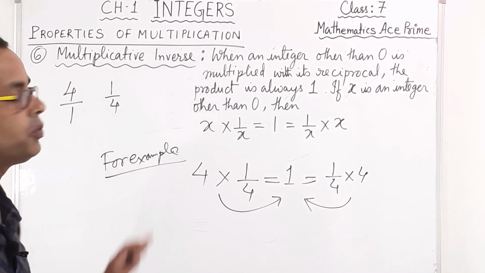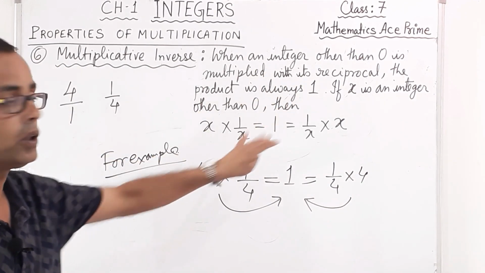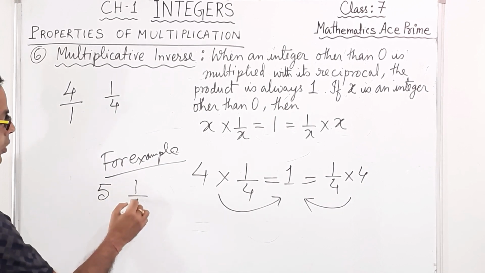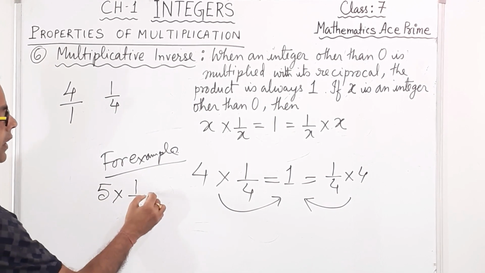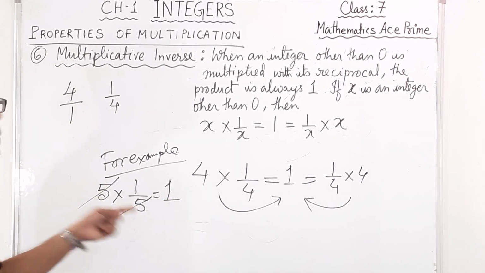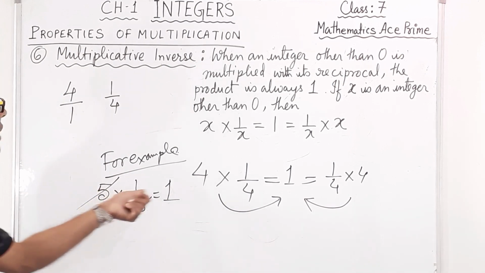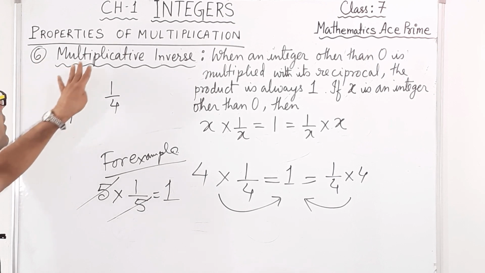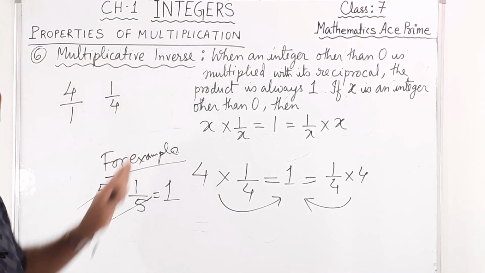The product of an integer and its reciprocal, if you take 5, then its reciprocal is 1 by 5. So if you multiply, ultimately it will be 1. How will it be 1? Because 5 in the numerator and denominator cancels. So what is left? 1. Clear? So I think property number 6, multiplicative inverse, you have understood.